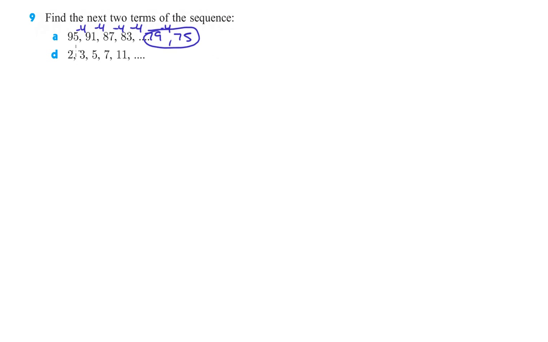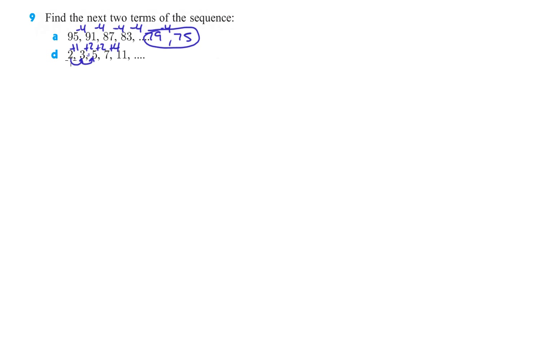And then D, let's see, we add 1 to get to 3, add 2 to get to 5, add 2 to get to 7, add 4 to get to 11. So this one's a trickier one. Here's another way to look at it. 2 plus 3 gives you 5. 3 plus 5, oops, doesn't give us 7, so that doesn't work either.